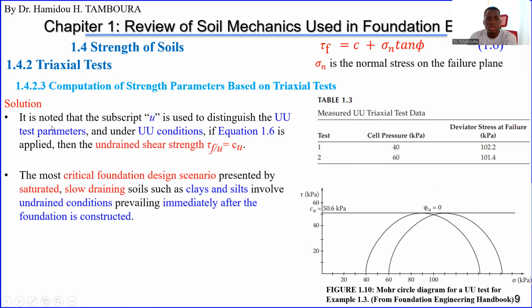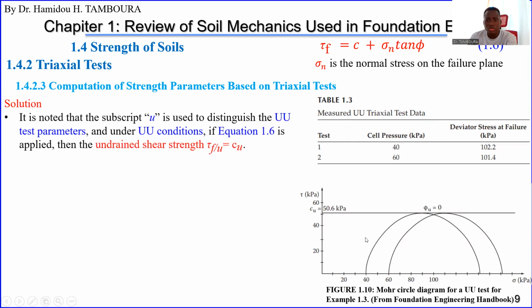So why are we adding u to the result? You see u here, cohesion, and we add u. The phi also we add u. The reason why we add u is to distinguish the UU test parameters.